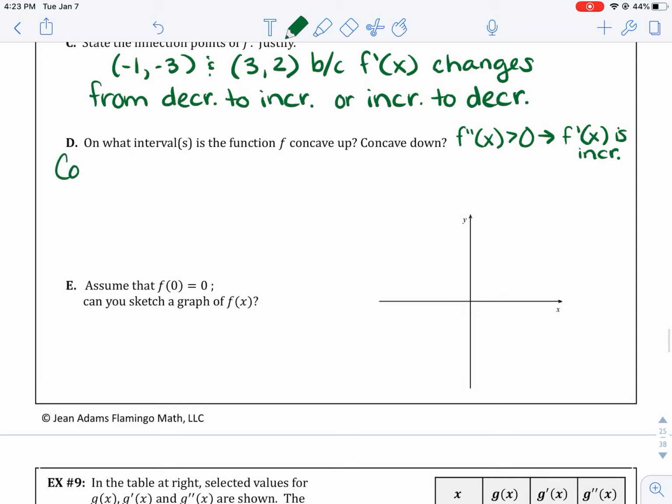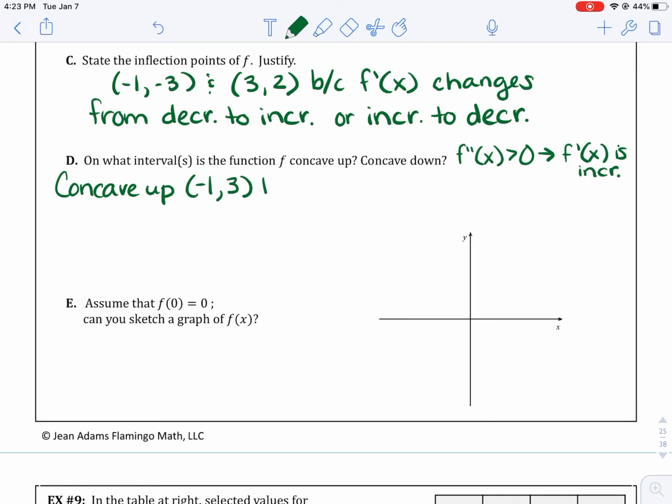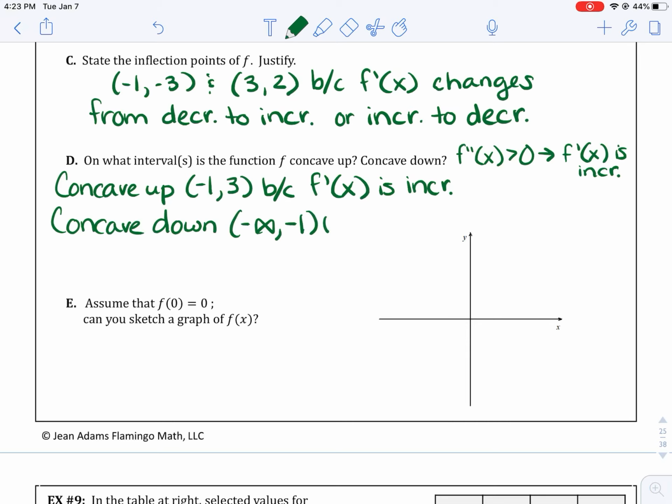So it'll be concave up because f prime of x is increasing. It'll be concave down from negative infinity to -1, and from 3 to infinity, because our derivative is decreasing.